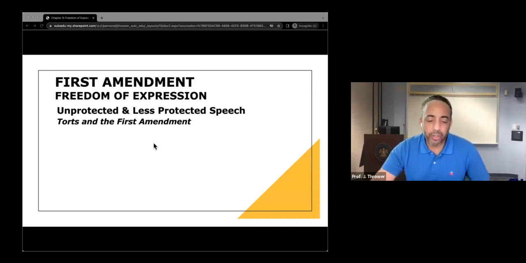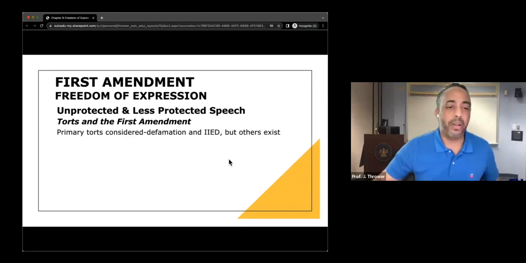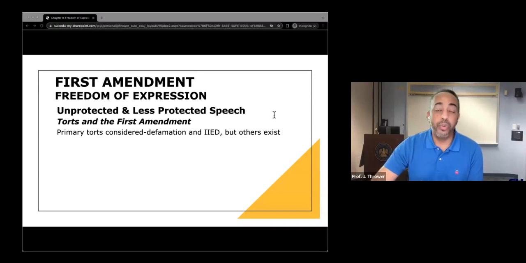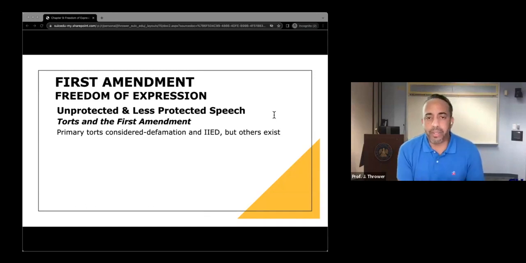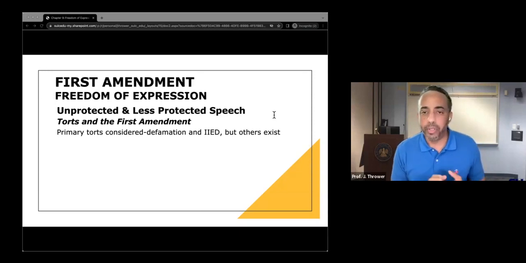Now, it's important to understand that the primary torts that we'll be discussing here are defamation and intentional infliction of emotional distress, but others do in fact exist, right? Some tort actions impose liability based on speech, like defamation, which consists of libel and slander, which is essentially liability for speech that's injurious to a person's reputation.